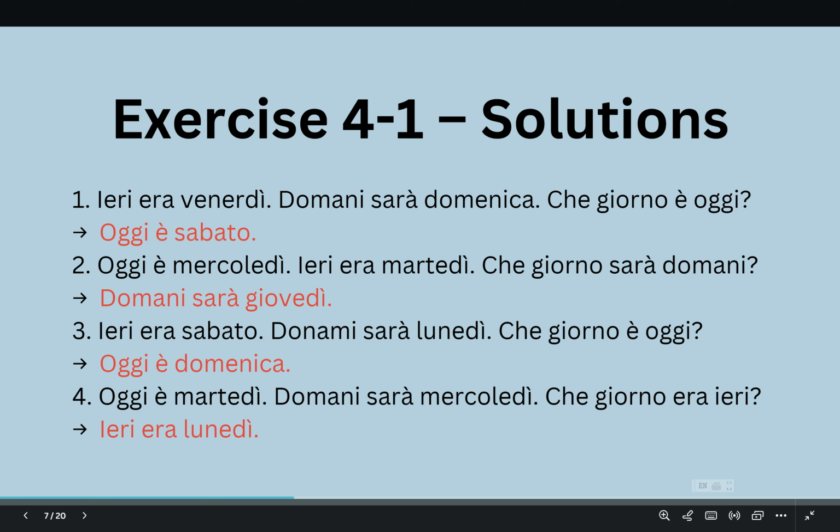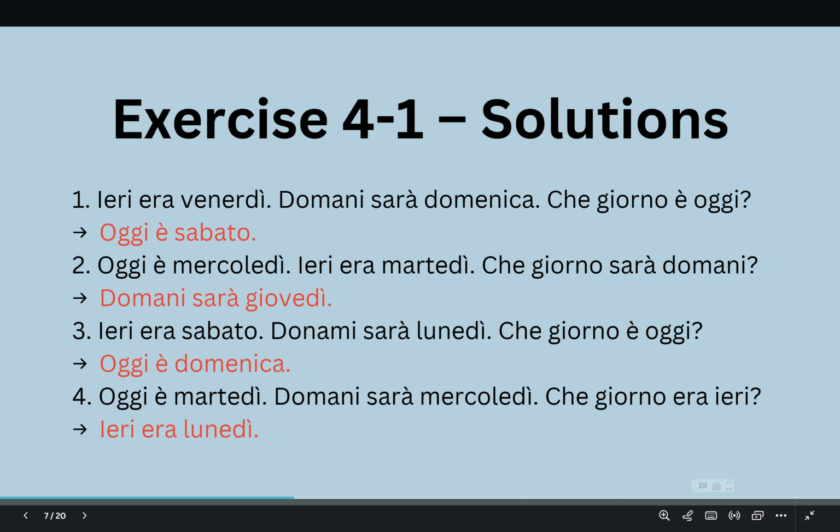Alright, let's check our answers. 1. Ieri era venerdì. Domani sarà domenica. Che giorno è oggi? Oggi è sabato. 2.